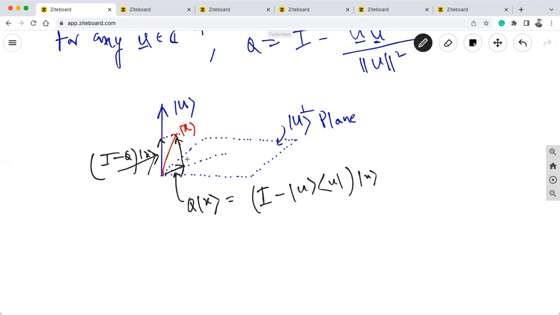If you take the projection on the u perp plane, the connecting vector will be Q into kx, and the norm of this will give you the distance from the origin to this particular point. And if you take the projection of any arbitrary vector along u, the effective vector will be I minus Q into kx, to that particular point here.